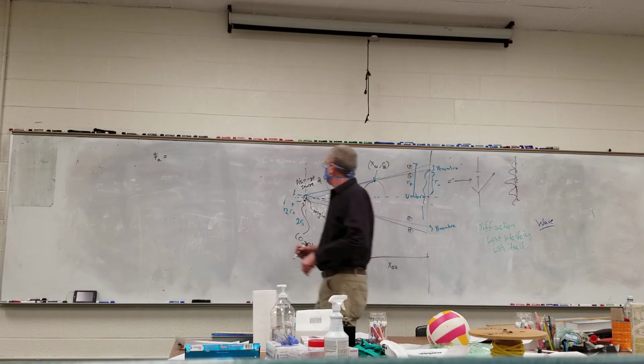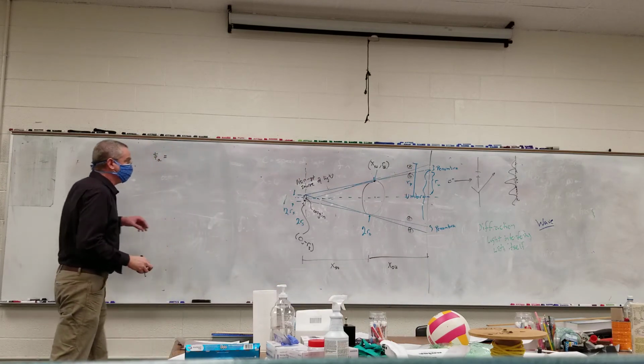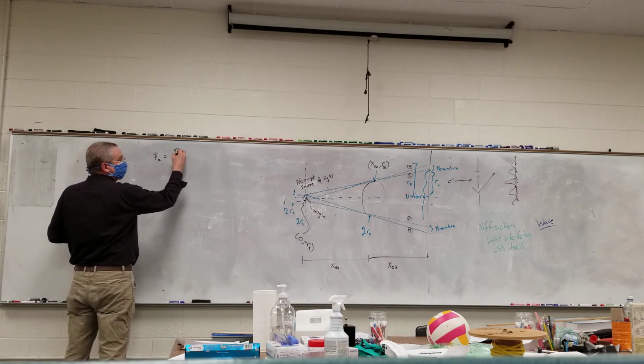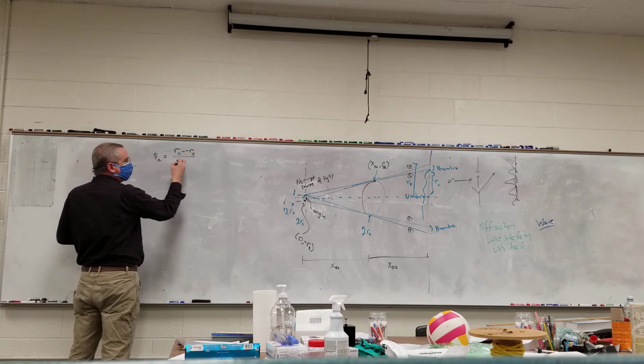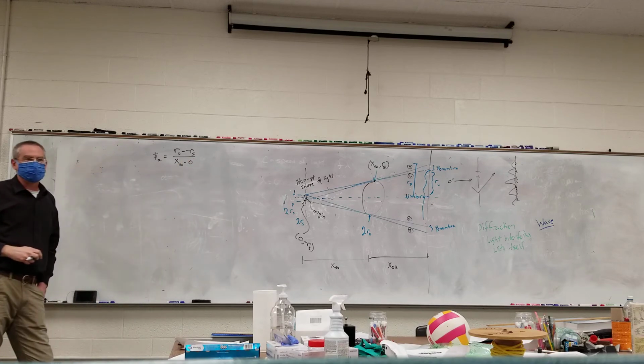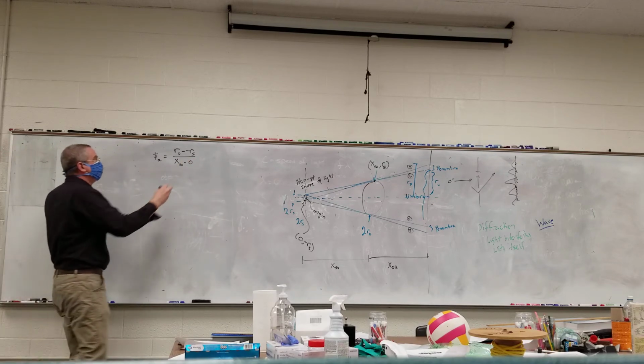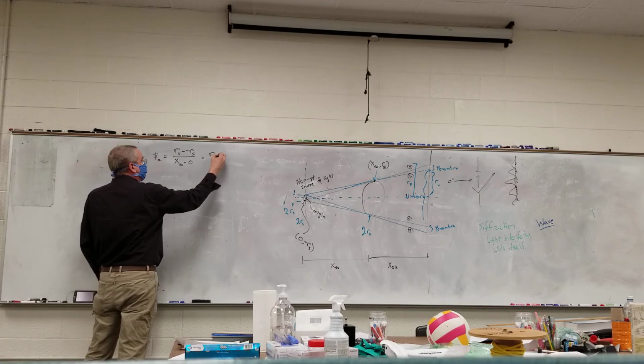And so my rise, the difference in my y coordinates, R sub O minus negative R sub S, over X sub SO minus 0. That's rise over run, which is R sub O plus R sub S over X sub SO.